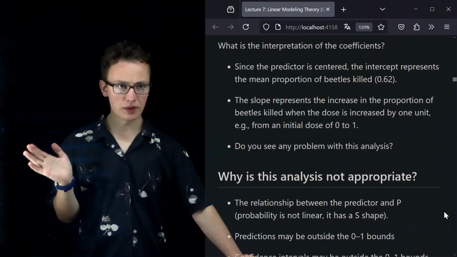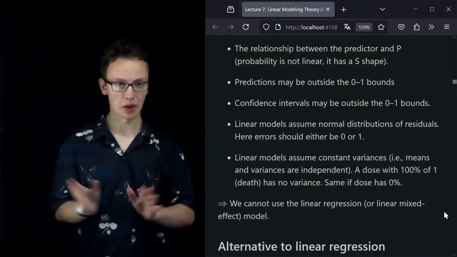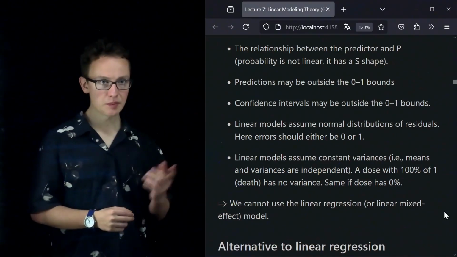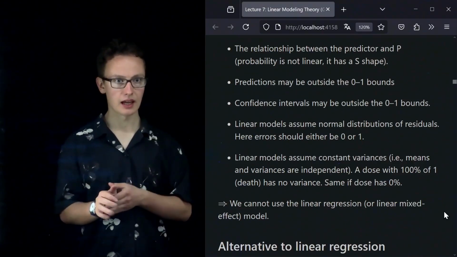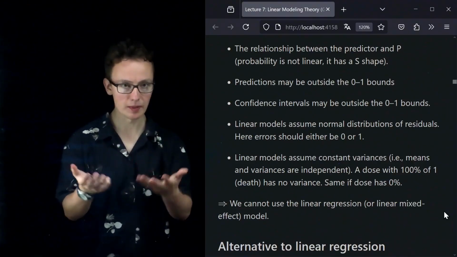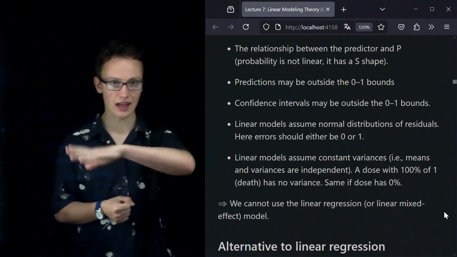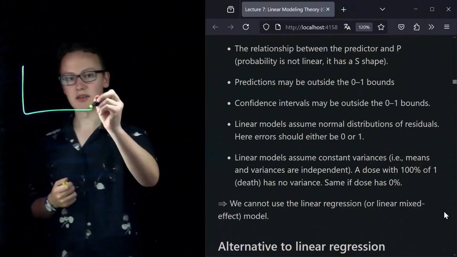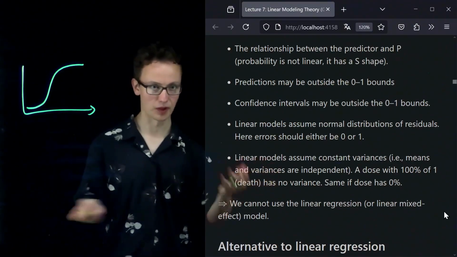So there are several reasons why this kind of simple linear model analysis is not the correct analysis in this case. One reason being that the relationship between the predictor and the outcome, the probability basically of dying, is not linear. It usually has this S shape, so something like this you would see if you plot the proportions of either outcome.